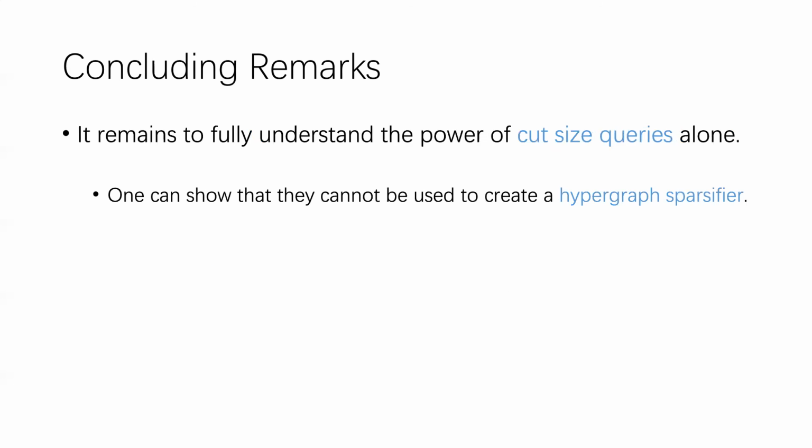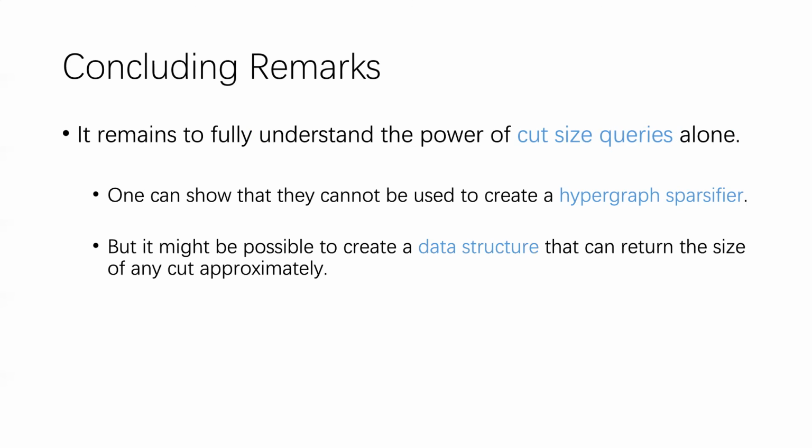As for further directions, it remains to fully understand the power of cut size queries alone. On one hand, one can show that they cannot be used to create hypergraph cut sparsifiers. Actually, by the example we saw earlier, cut size queries alone cannot distinguish between the case of a rank 2 clique and a rank 3 clique.